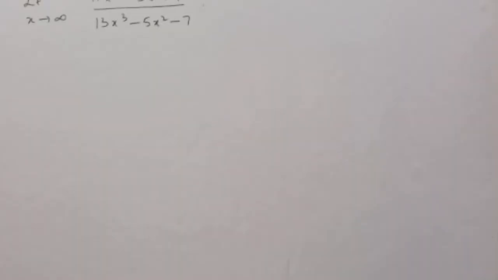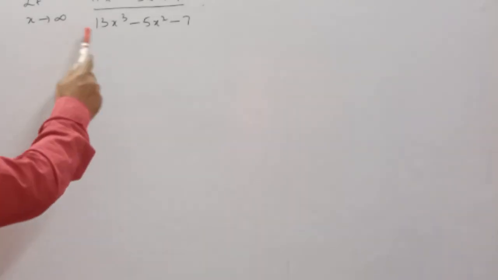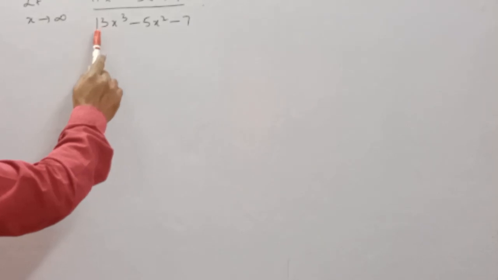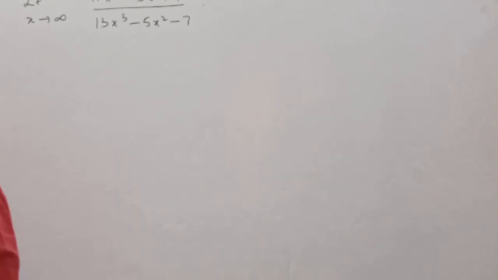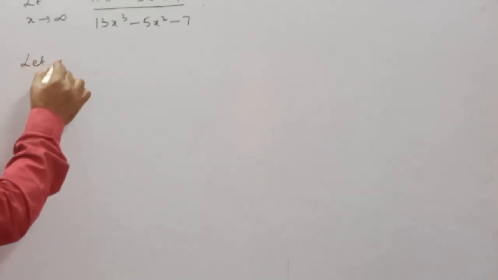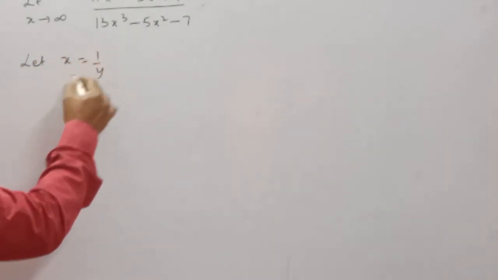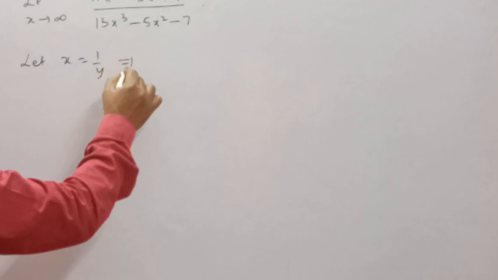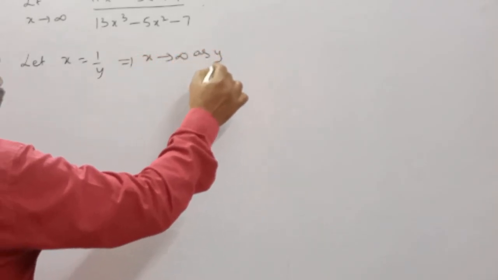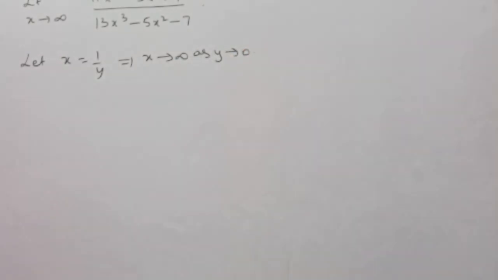Here we have one more problem. Find the limit as x tends to infinity of 11x cube minus 3x plus 4, by 13x cube minus 5x square minus 7. Let x is equal to 1 by y, which implies x tends to infinity as y tends to 0.